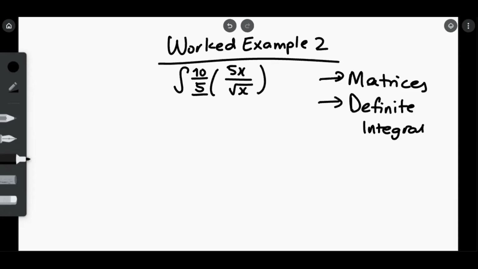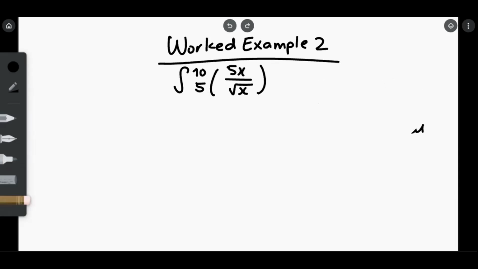Okay, so how would you actually do this is simple. Firstly, you know differentiation is power minus power, come down, power minus 1. This time round it is power add 1, divided by the new power.